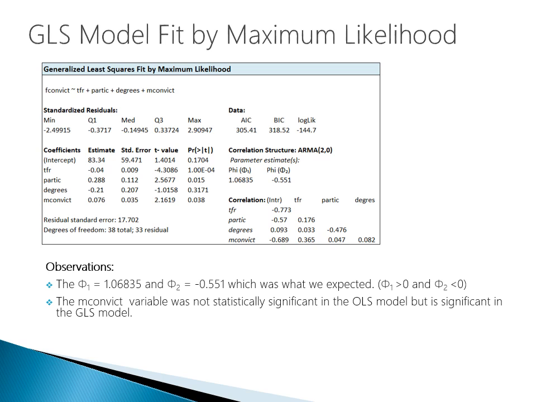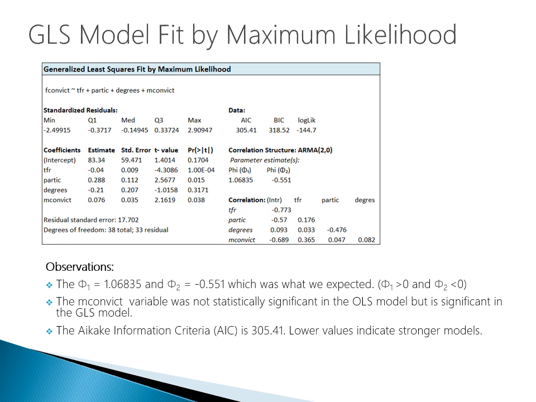The male convict variable was not statistically significant in the OLS model, but it is significant in the GLS model. So this just shows you that using a different regression technique can provide different insights in terms of variables and their statistical significance.